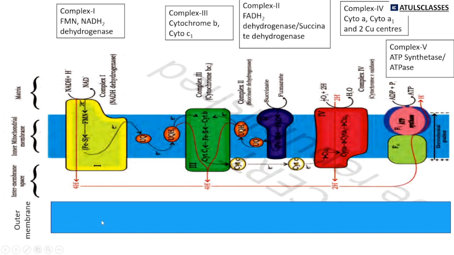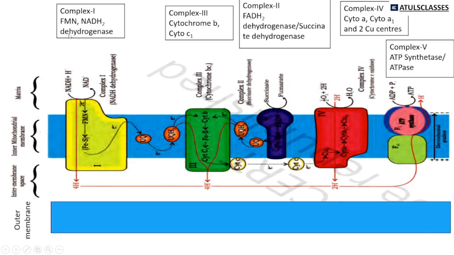So here we can see this is the outer membrane, this is the inner membrane, and this is the intermembrane space, and this is the matrix, which was the green colored structure earlier.